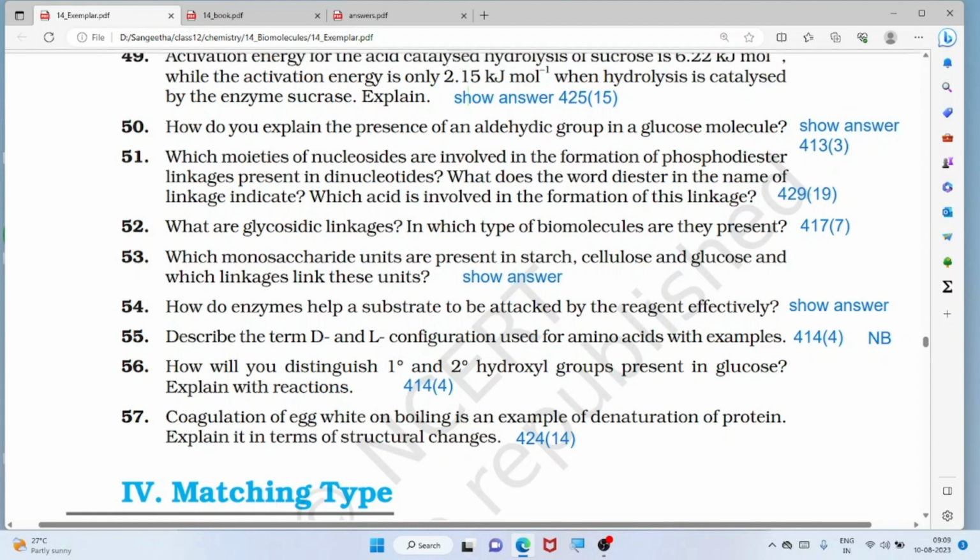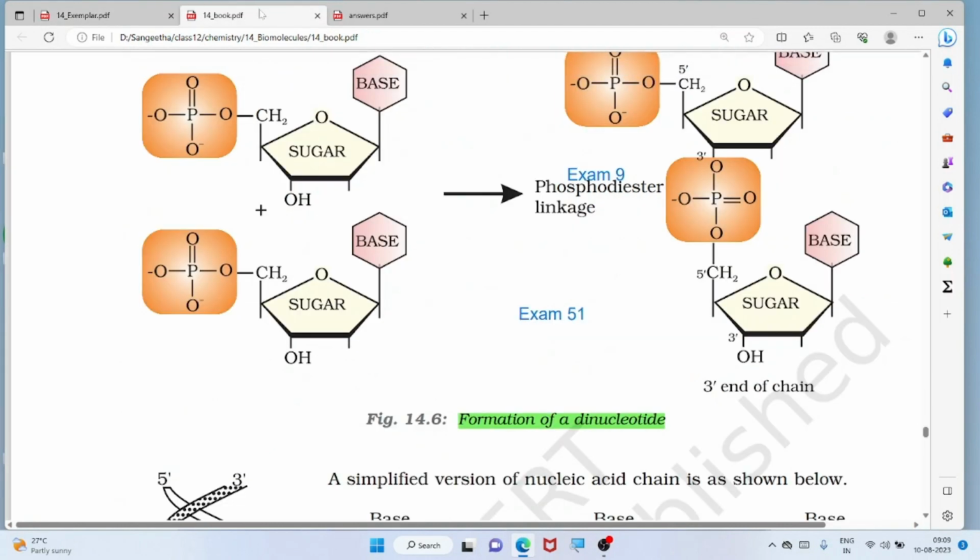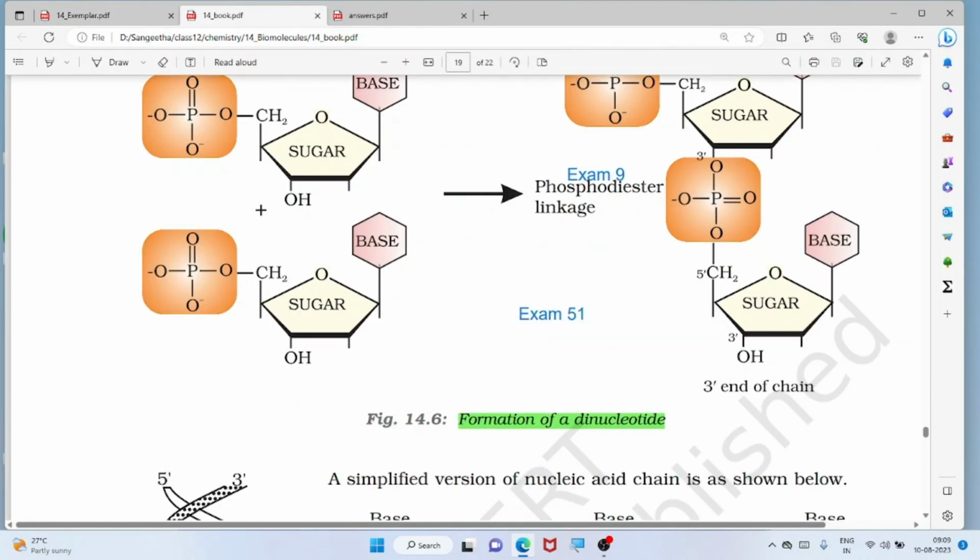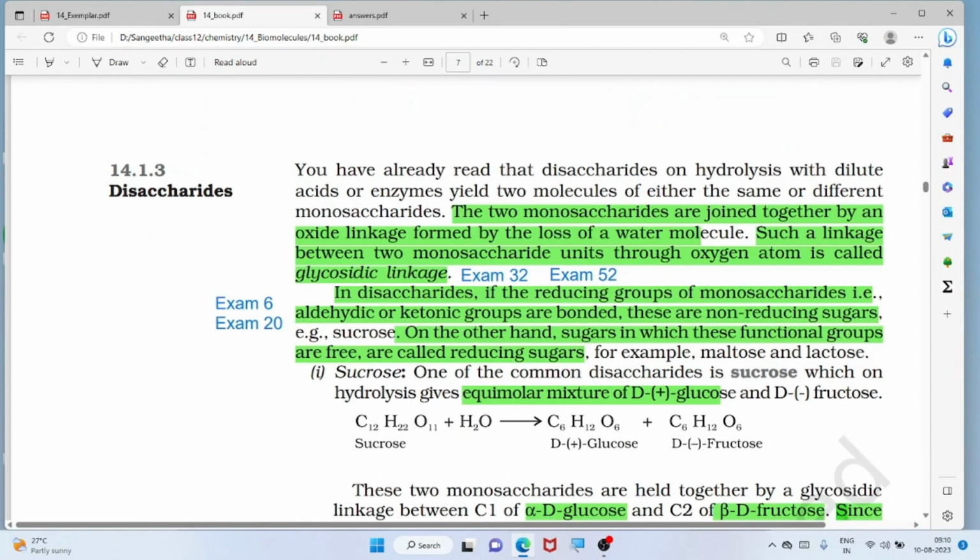What are the glycosidic linkages? Which types of biomolecule are present? Okay, this is the glycosidic linkage, the linkage between the monosaccharides through an oxygen atom.